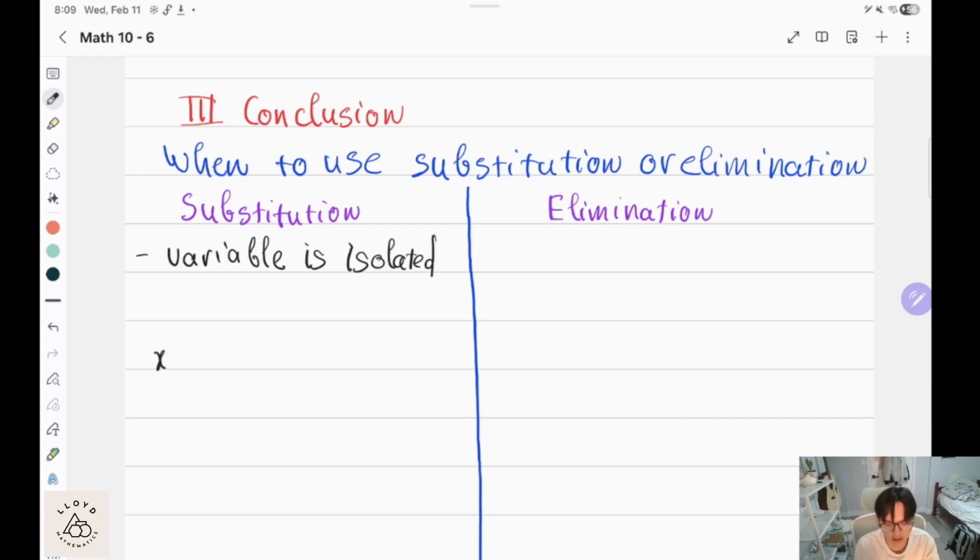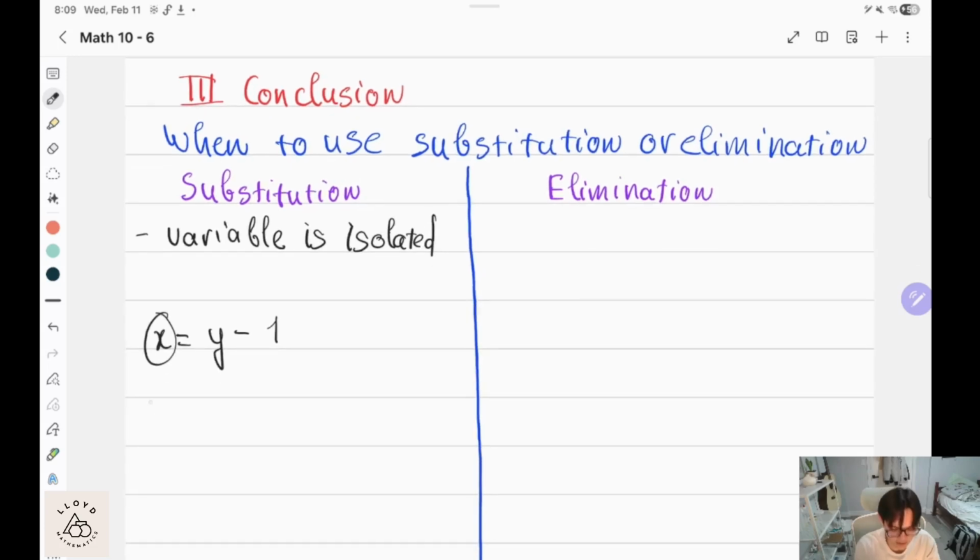For example, as you see, x is isolated on one side, or y equal to 2x plus 9. So y here is also isolated. If we got some equation like this in the system, we definitely can use the substitution method.